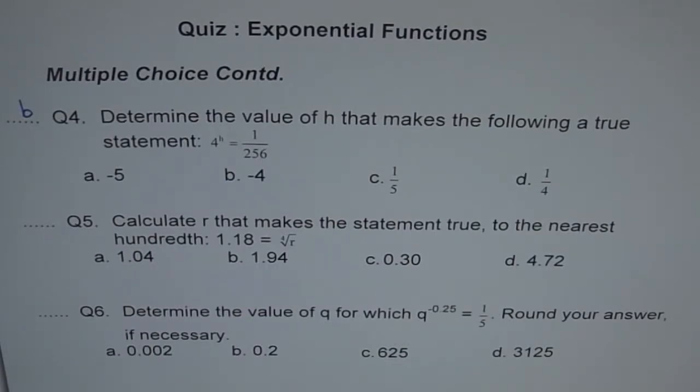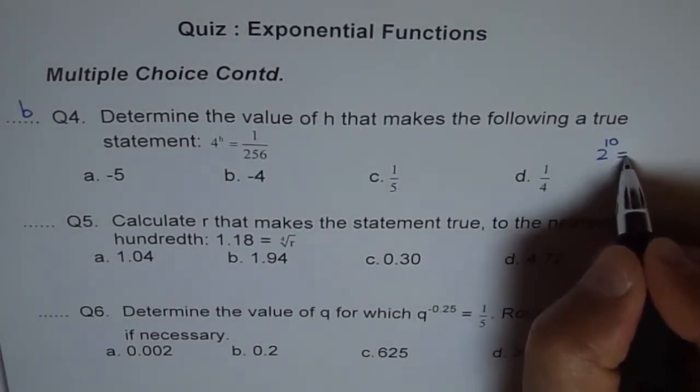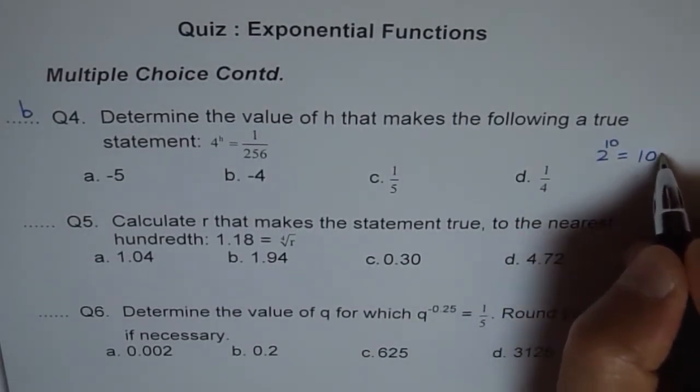If not, then you should remember that you could do it by powers of 2. You remember 2 to the power of 10? 2 to the power of 10 is 1024.